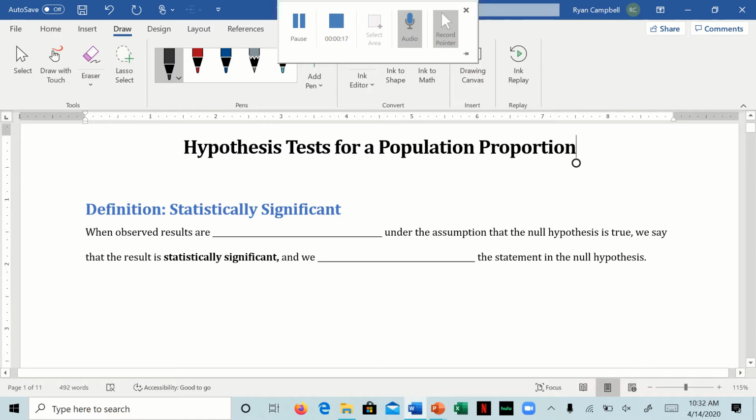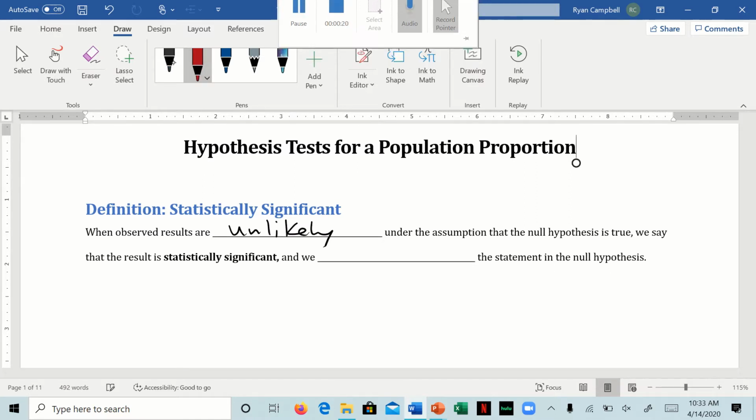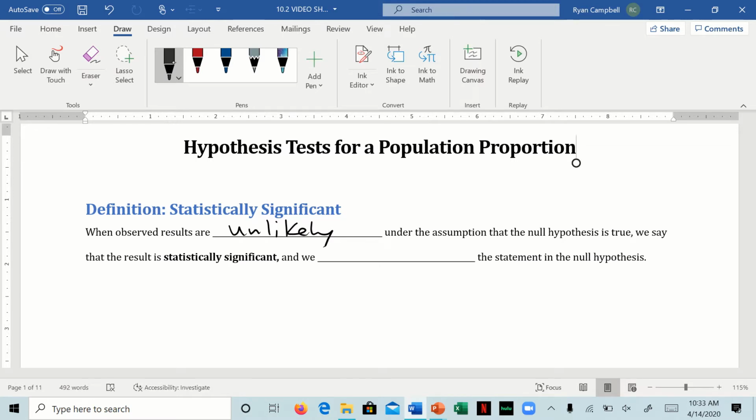So when observed results are unlikely, under the assumption that the null hypothesis is true, we say that the result is statistically significant and we reject the null hypothesis. So basically what we are trying to show is when we reject our null hypothesis, then we are saying that our results are statistically significant.